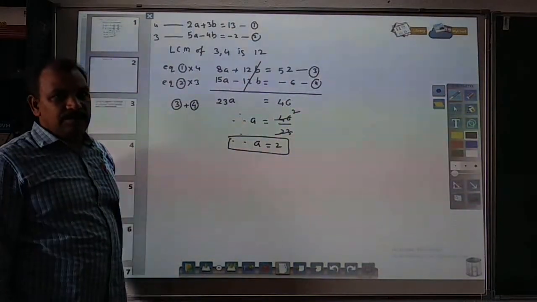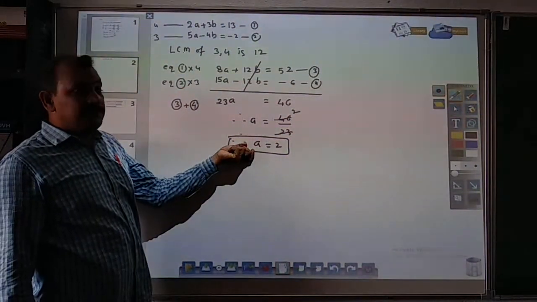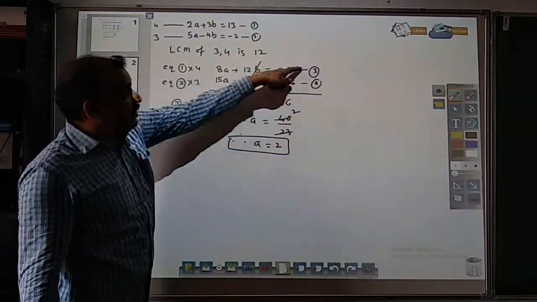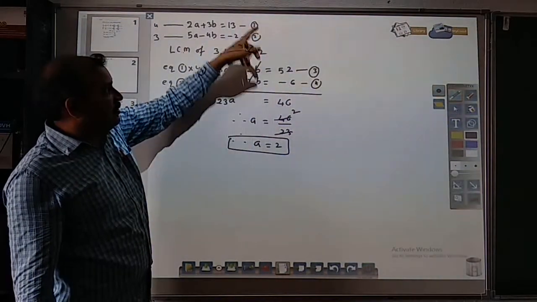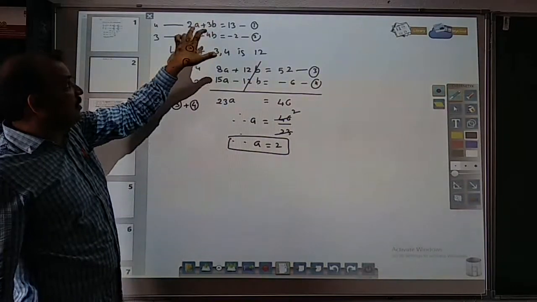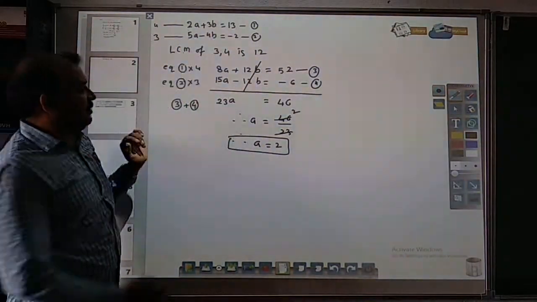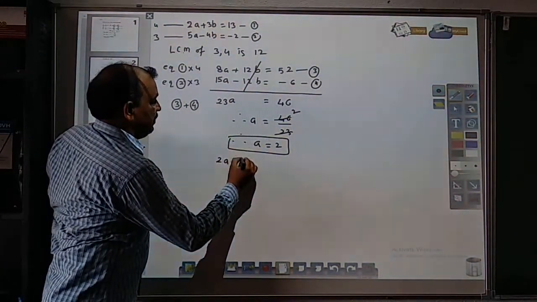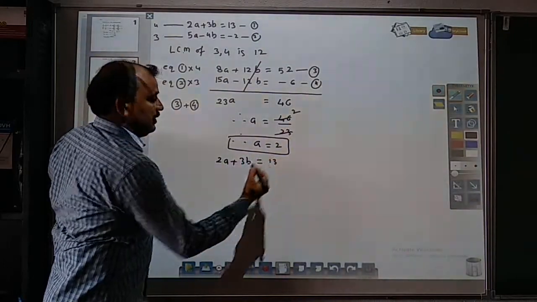We got the a value. So this a value is substituted in any one of the above 4 equations. Then you will get the b value. Here I am taking a simple equation, that is equation 1: 2a plus 3b is equal to 13.